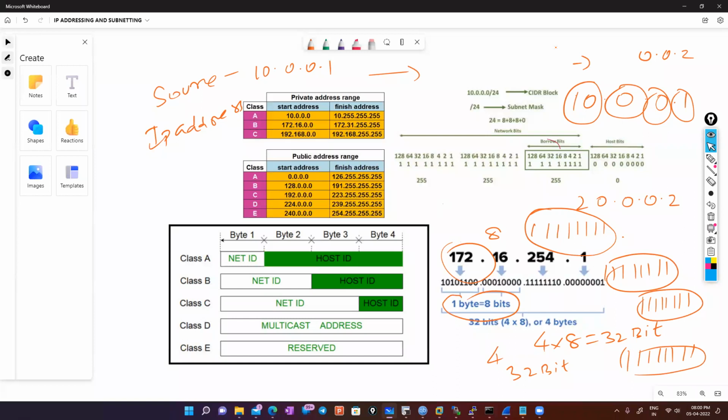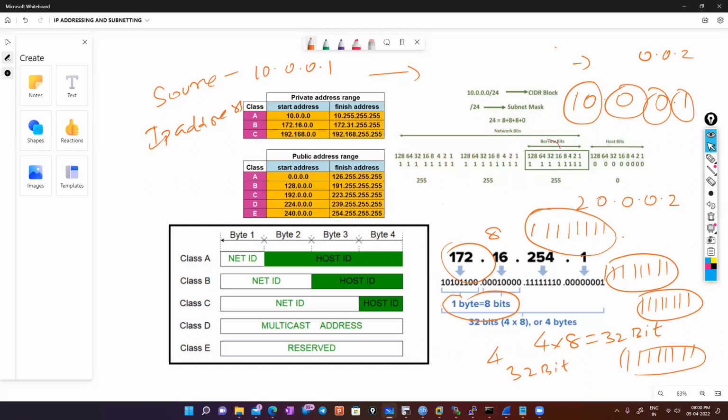But the key thing to consider is that we have three ranges: class A, class B, and class C. This is common, and it has been used everywhere. And the range starts from 10.0.0.0 and ends with 10.255.255.255. I'll tell you how we get these values.